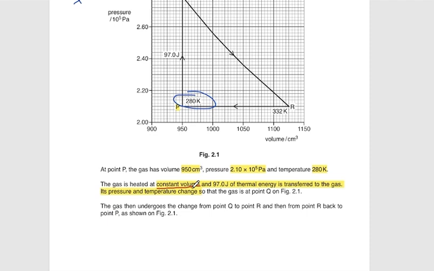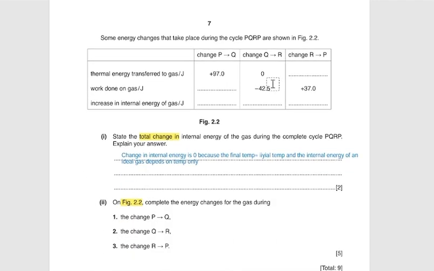The reason why I said this was such a big hint is because when we talk about work done for an ideal gas, work is equal to pressure into change in volume. Now, if volume is constant and not changing, this value becomes 0, your work done becomes 0. They have said the gas is heated at constant volume, which means there's no change in volume, which means work done is 0. So I can say work done here is 0.